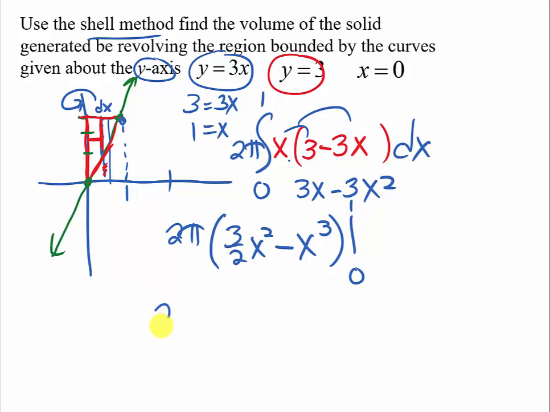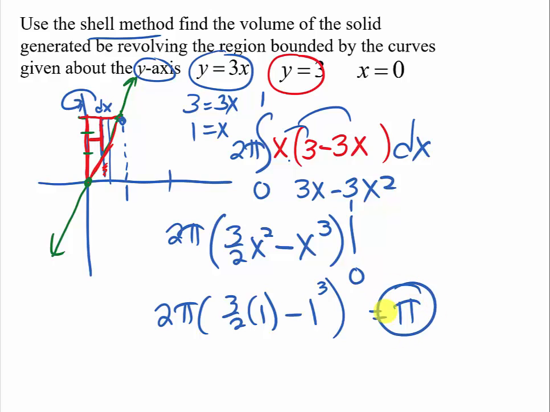So I'm going to have 2 pi times 3/2 times 1 squared minus 1 cubed. And then when we do the lower limit, those are both 0. So I've got 3/2 minus 1, which is 1/2, and then multiplied by 2 pi is pi. So the volume of this region is pi.